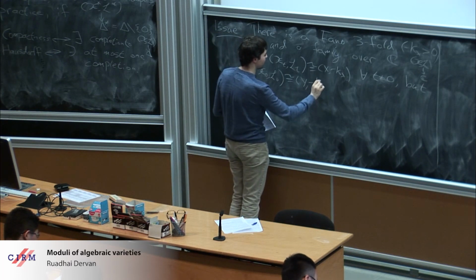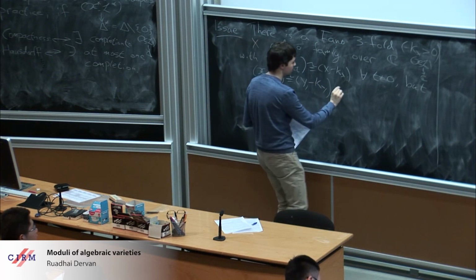So this is isomorphic to Y, minus K_Y, some other Fano threefold.